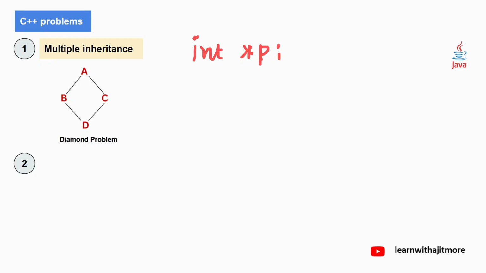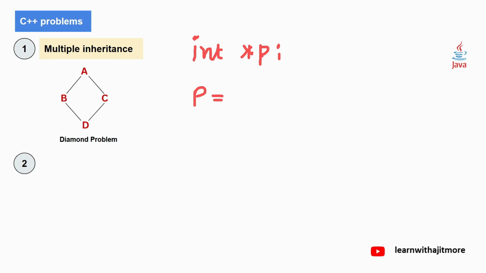Whenever we give a star before a variable, it tells the compiler that in this, an address is stored. Yet the address is not stored, but we are telling that an address will be stored. And whose address? An integer's address. Means there is some integer and its address is stored here. Okay. Now what I'm doing is I'm allocating memory for an integer.